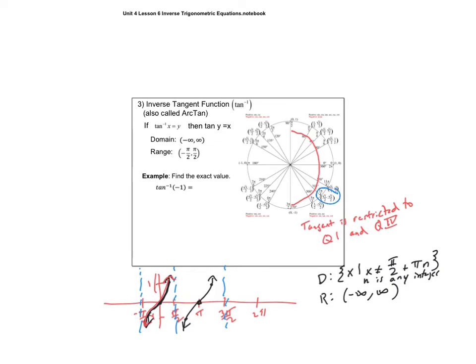So we need one to be positive and one to be negative where they're the same value. And the other one is at 3 pi over 4. But 3 pi over 4 is in quadrant 2, and tangent is restricted to quadrant 1 and quadrant 4. So this has to be 7 pi over 4. But because we're writing it between negative pi over 2 and pi over 2, we're going to say this is negative pi over 4, because that would be the same thing as 7 pi over 4.